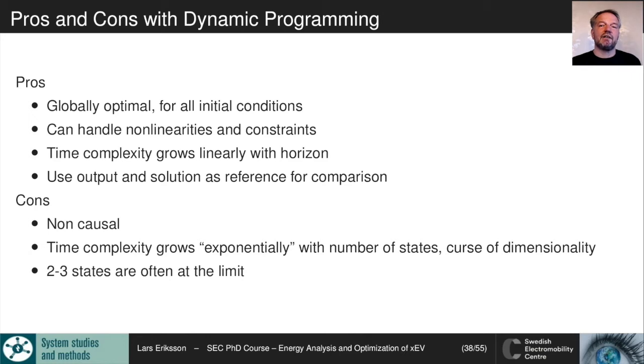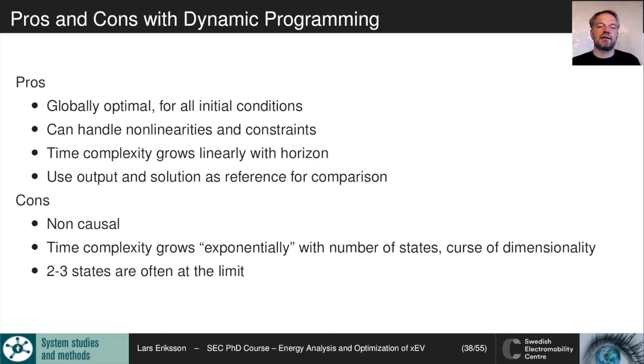So you have exponential growth in the amount of arcs that you need to calculate. And 2 to 3 states are often the limit that we manage to cope with in normal situations for vehicles. Beyond that, you have to turn to other methods like numerical optimal control with collocation methods or other types of solvers.